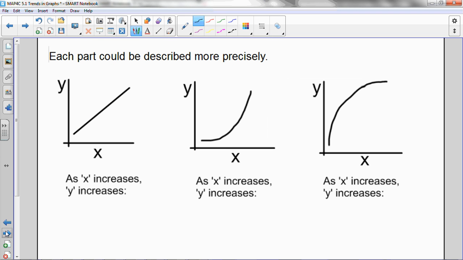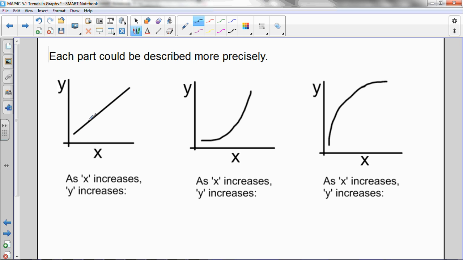Each part could be described more precisely. Now this is what we were talking about before, where we said all of these look like as x increases, y increases, as x increases, y increases, as x increases, y increases. But let's be more clear. In this case, notice it's going up by the same amount each time.